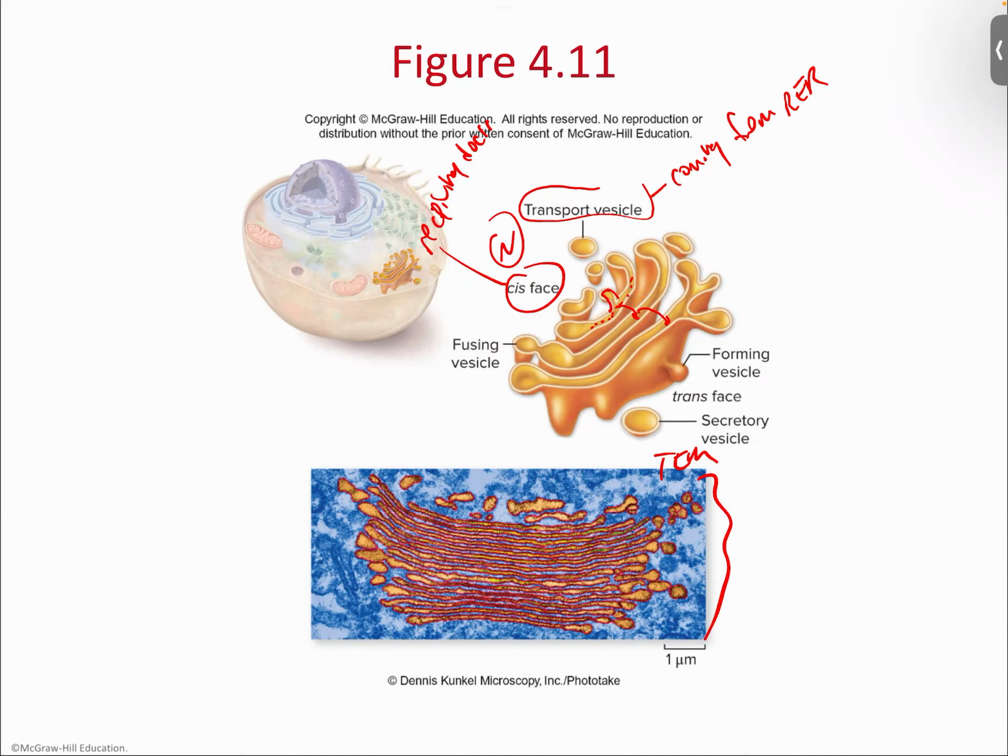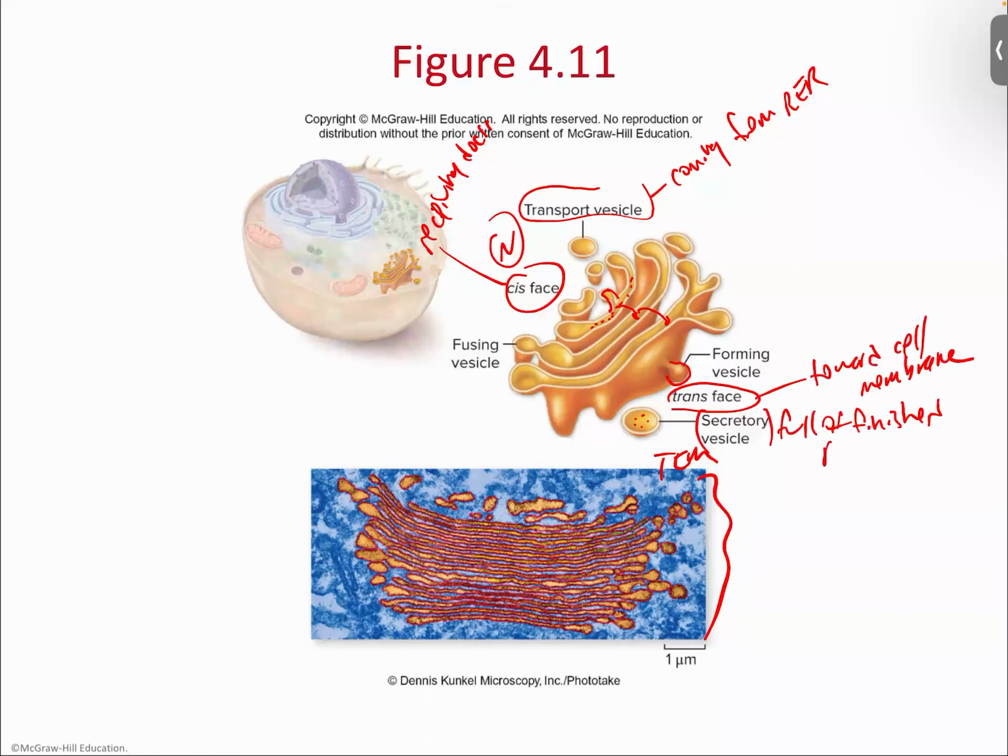Once you get down to the trans face, which is over here, toward the plasma membrane, you're going to pinch off a vesicle. You can see one forming right here. As it pinches off, it's going to pop off, and then you're going to have a secretory vesicle full of finished protein.